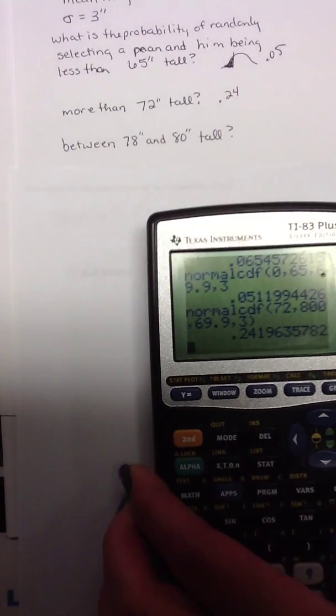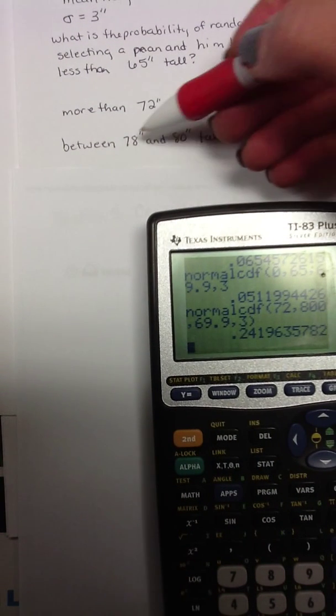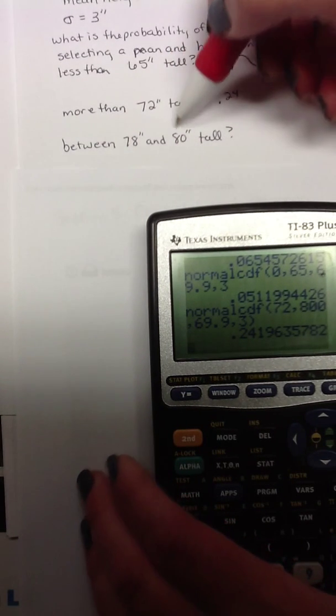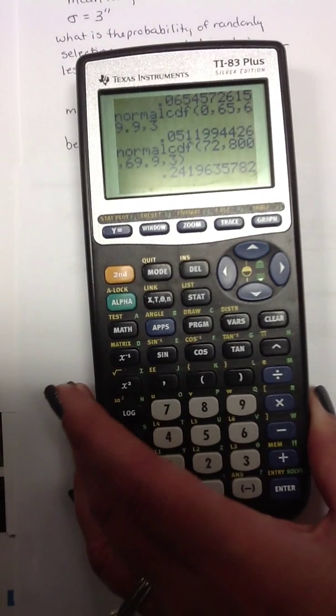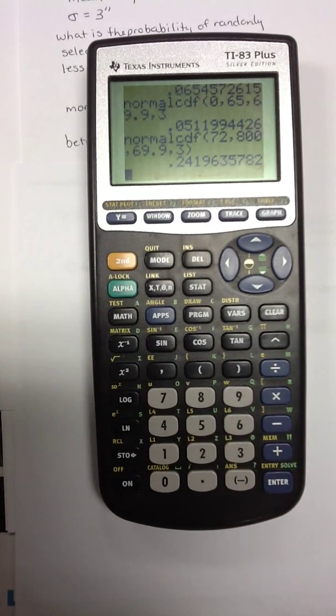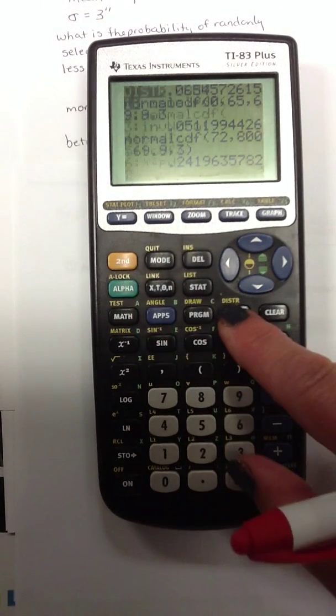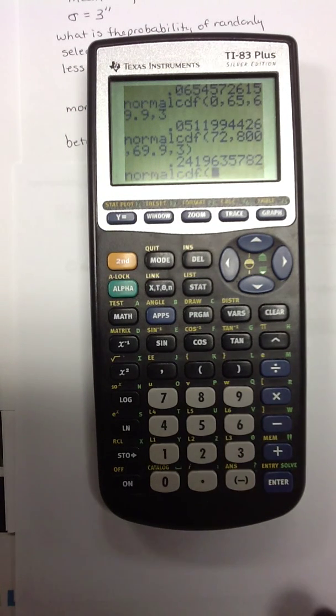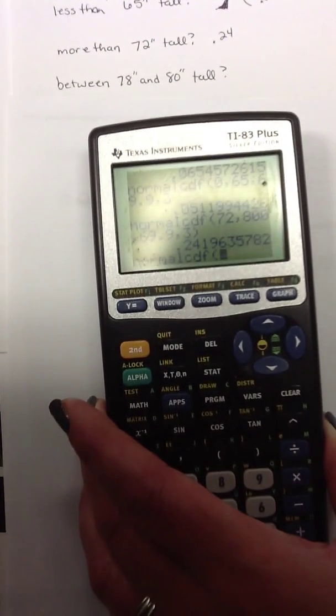To randomly come up with a person that's between 78 and 80. Now we have a left and right bound. So our normal CDF function, we're going to have second distribution, normal CDF, my left bound, I'm going to be between 78 and 80.